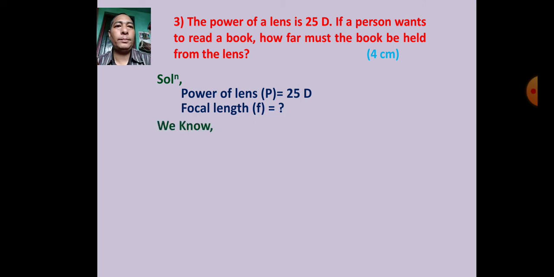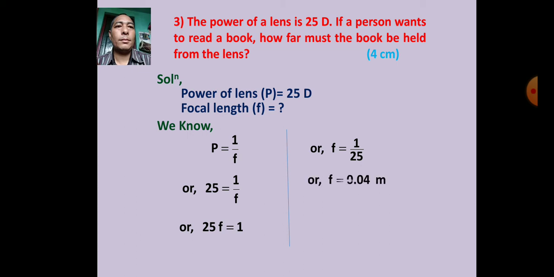We know P equals 1 upon f, or 25 equals 1 upon f, or 25 f equals 1, or f equals 1 upon 25, or f equals 0.04 meter. Therefore, f equals 4 centimeter.